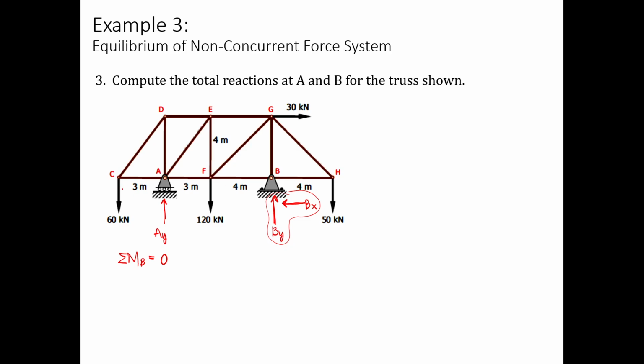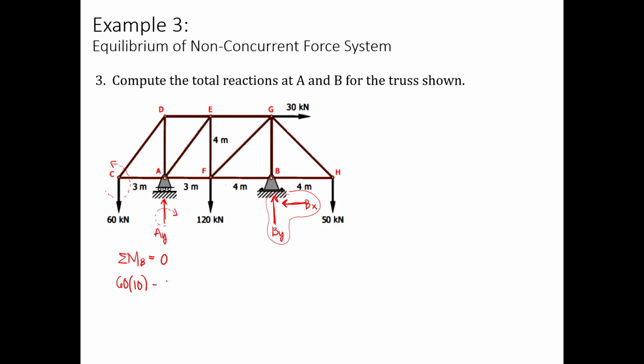And 10 times 60 will create a counterclockwise rotation. So this is 60 times 10. Next is your Ay. The distance from B is 7, and this will create a clockwise rotation.